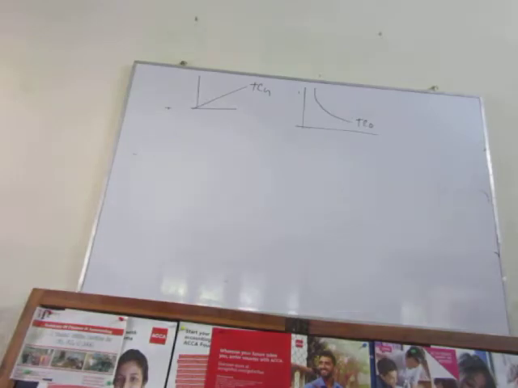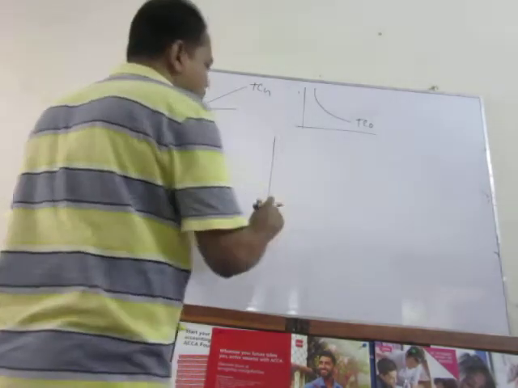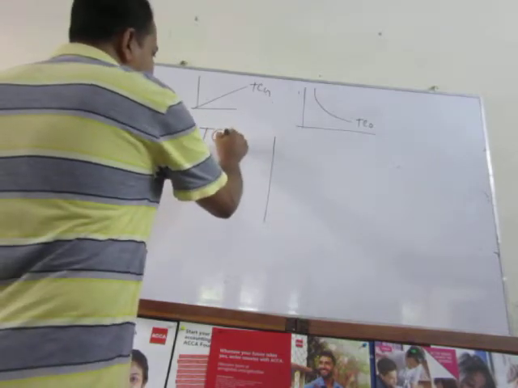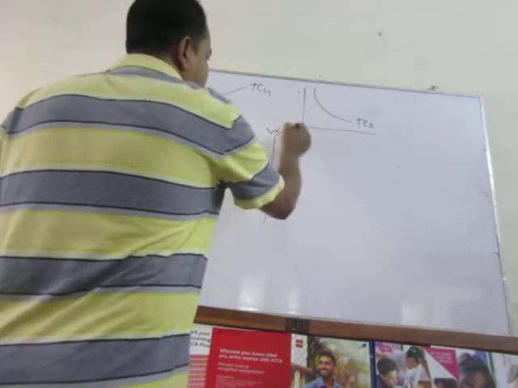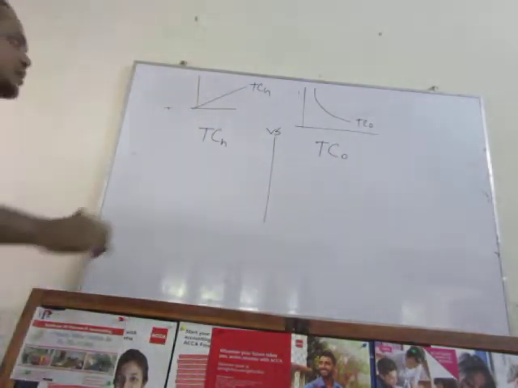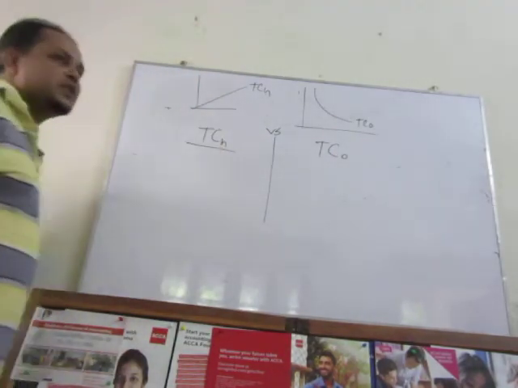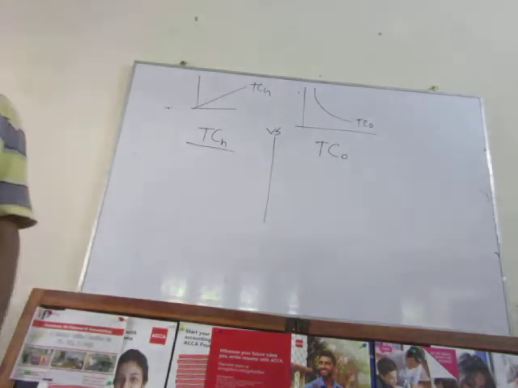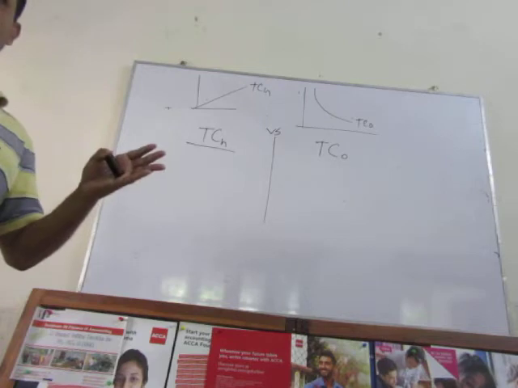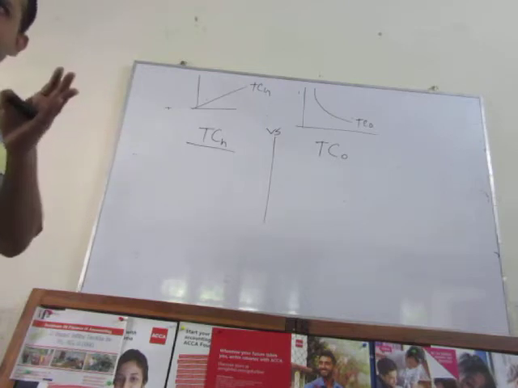Now the thing is, when you are taking a decision to lower any kinds of cost, one is TCH versus TCO. Suppose you want to lower total holding cost, how can you do that? Total holding cost is just like the variable cost. So if you want to lower that, you have to hold a lesser amount.